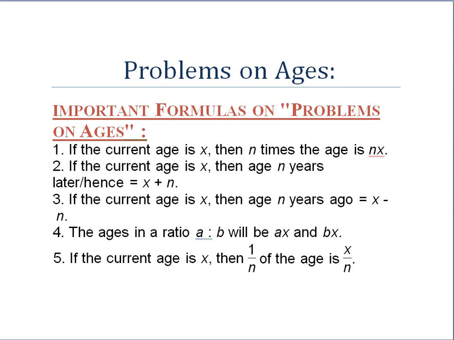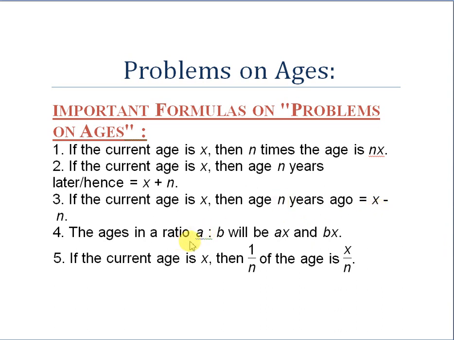So what you do in these types of questions, let's say if the current age is x, then n times the age is nx, obviously you will multiply n by x. Now, if the current age is x, then the age n years later will be x plus n, since you add the years given in the question. And if it is asked n years ago, which means before, you will write it as x minus n.